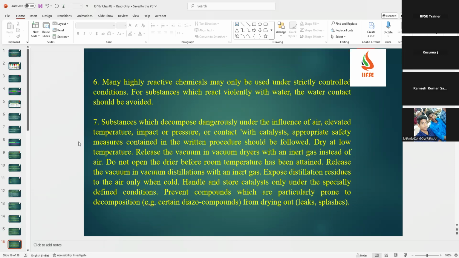Those chemicals must be handled under controlled conditions, and we have to avoid contamination with water and water vapor, etc. Then for substances which decompose dangerously under the influence of air or elevated temperature, impact or pressure, or contact with a catalyst, appropriate safety measures contained in the written procedure should be followed.